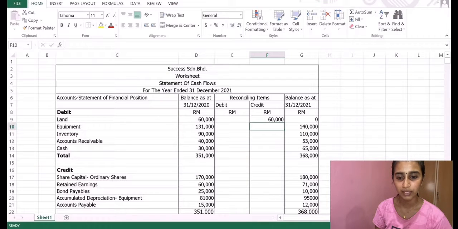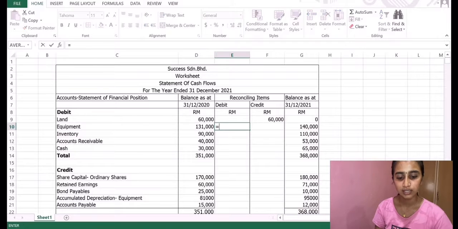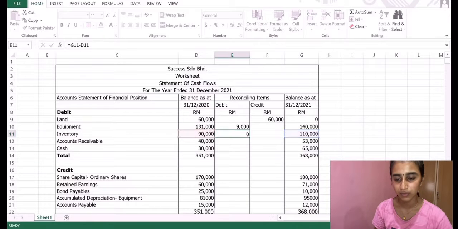When we compare both values, the value at 2021, 140,000, is bigger than 2020, so the equipment has increased, so we must minus both values and record it on the debit side. Then inventory is the same, it has increased, so we must record it on the debit side, minus both values.